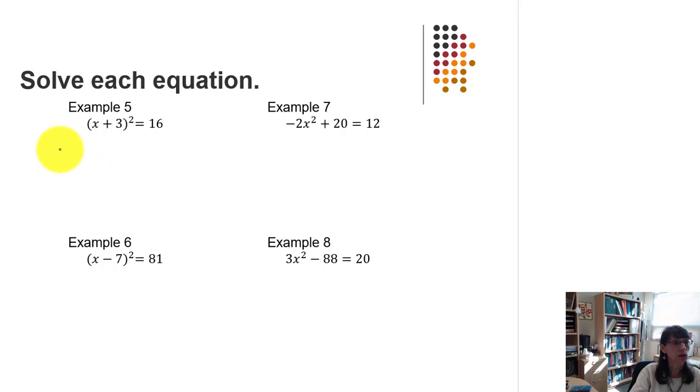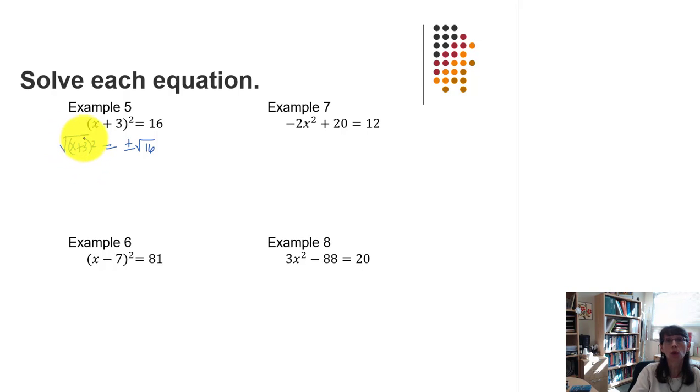And that looks like the square root of the quantity x plus 3 squared is equal to plus or minus the square root of 16. It's important that we write both the positive and negative square root of 16. We have to consider both cases.